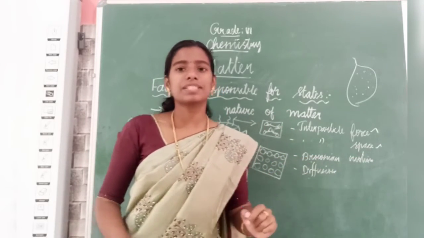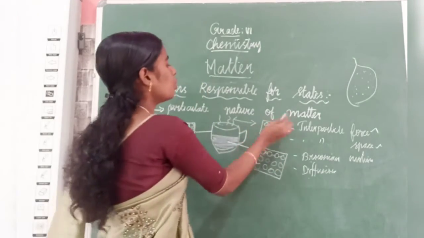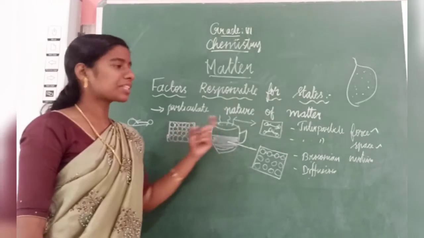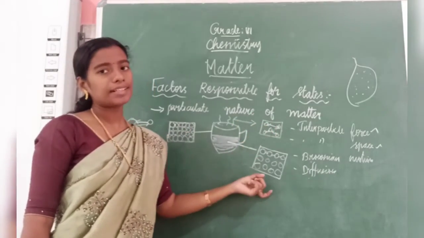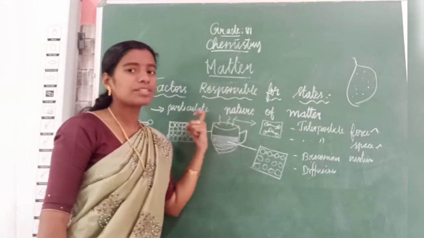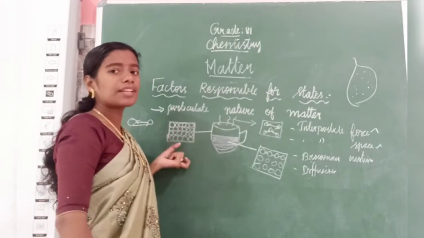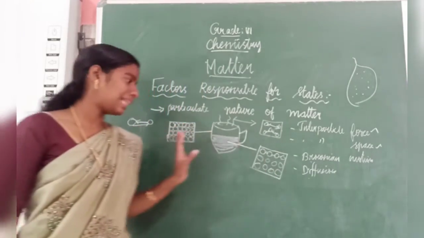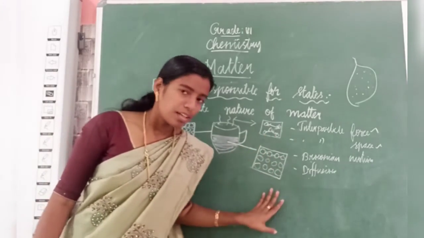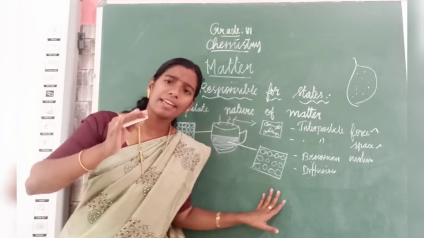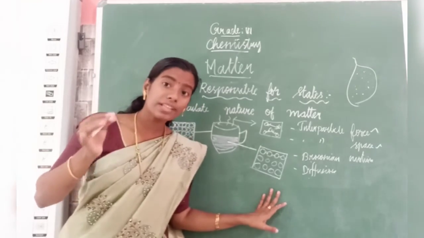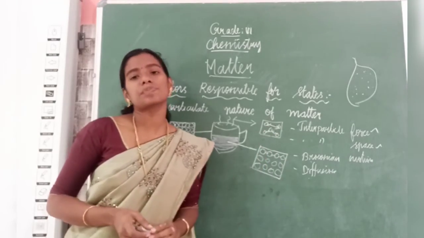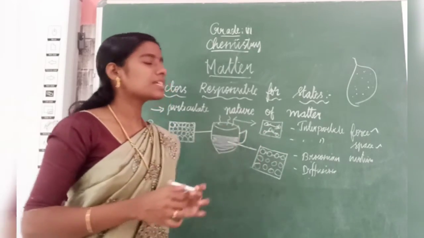Interparticle space is the space between two atoms. The interparticle force is high in solids, low in gases, and in liquids it is higher than gases and lower than solids. In the same way, space is very less in solids, higher than solids and lower than gases in liquids, and high in gases.